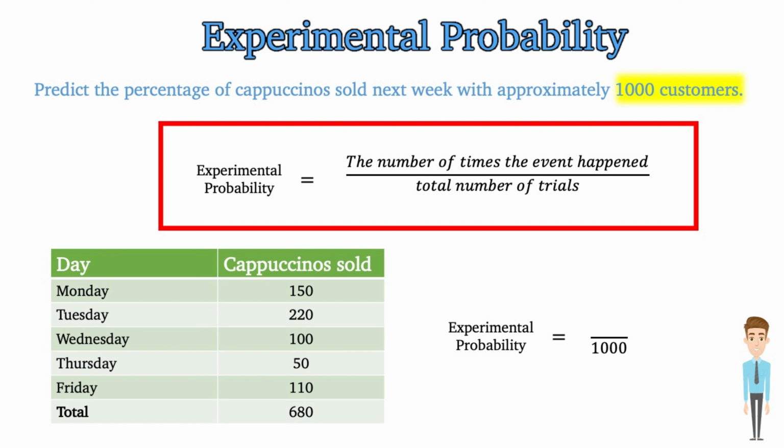And for the numerator, the number of times the event happened, which is the total number of cappuccinos sold during the week, which is 680, telling us that the experimental probability is 680 out of 1,000. Converting to a percentage, we get 68%, which tells us that 68% of customers ordered cappuccinos.